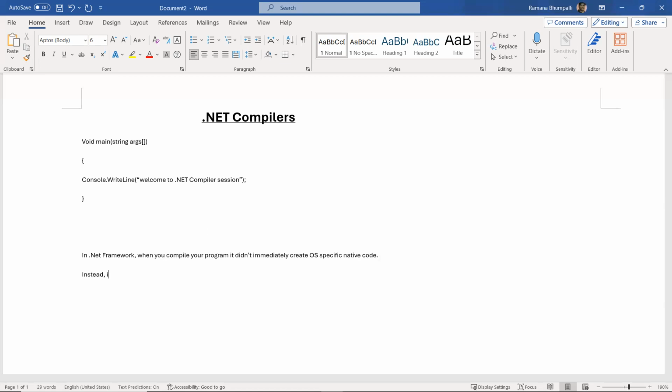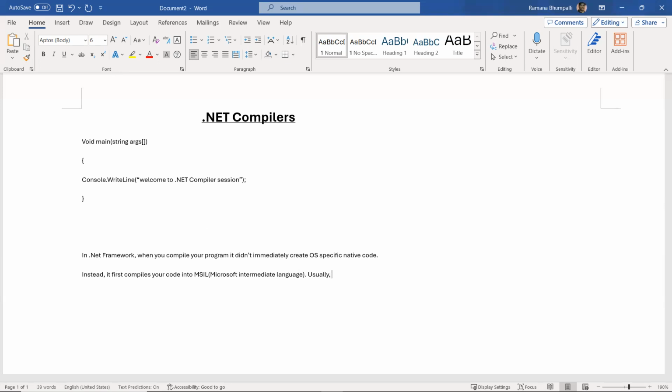Instead, it first compiles your code into MSIL, that is Microsoft Intermediate Language.